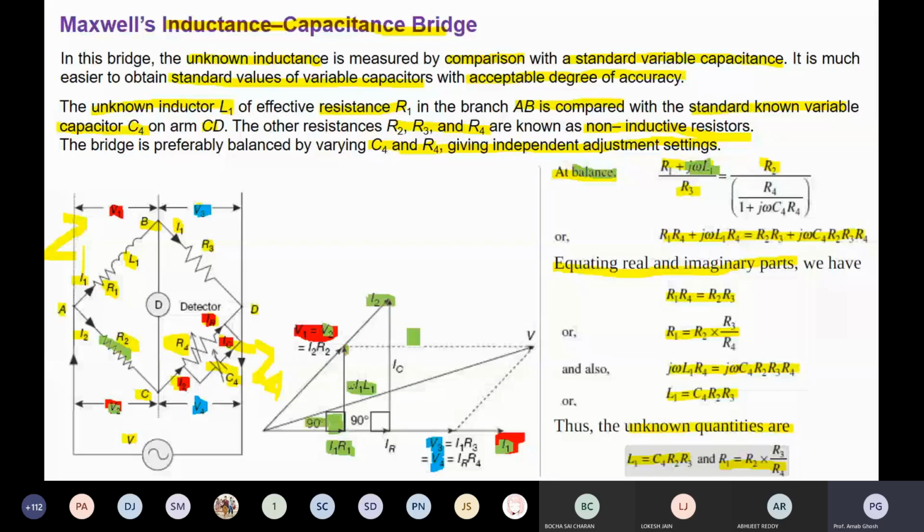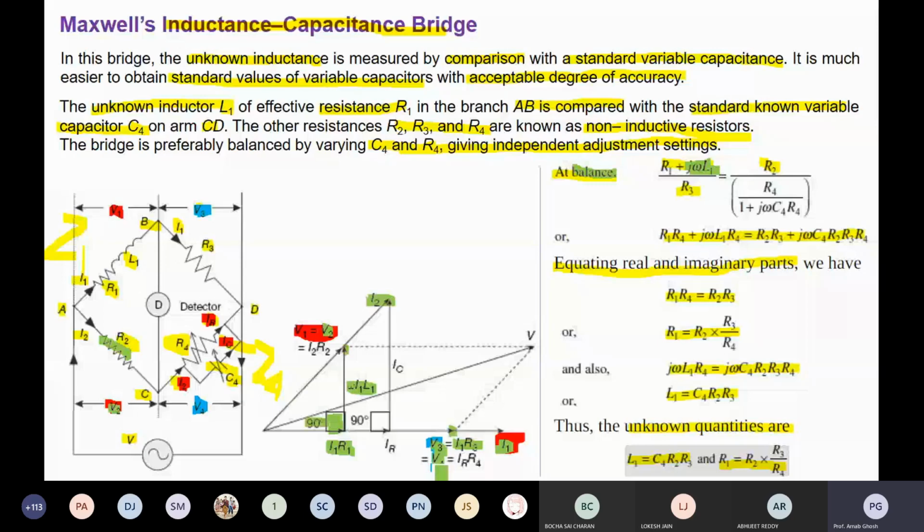Now what happened for V3? V3 equals I1 R3. Again it should be in phase with your I1. So I1 R3 is in phase, and it is your V3. Again V3 equal to V4, so V3 and V4 are both equal potential.